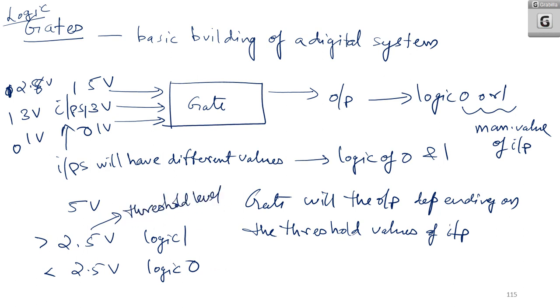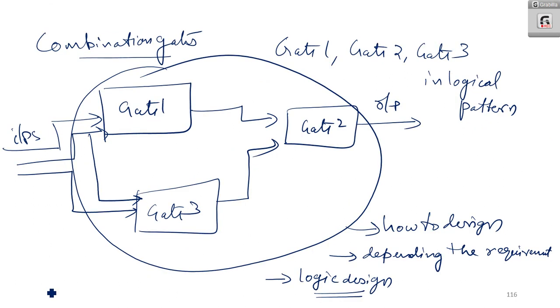Depending on the inputs to the gate, it generates the output based on the logic embedded in the gate. The output can be 0 or 1. A logical combination of these gates to perform a certain operation is known as logic design. It is performed based on our requirement.